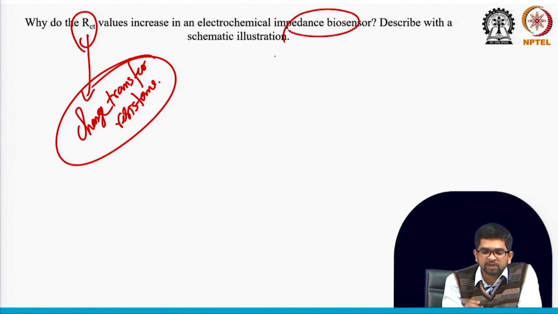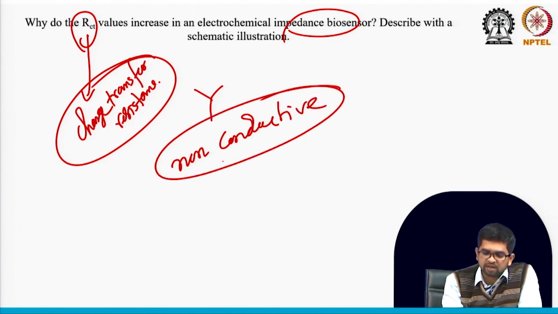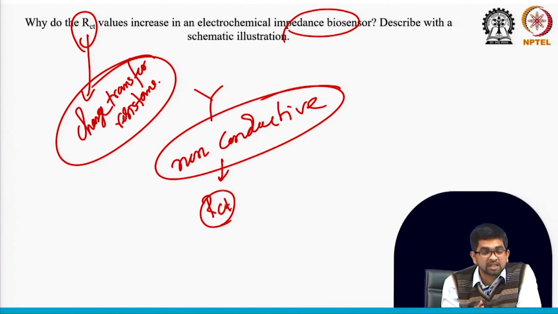Why is it increasing? Because all this protein stuff is non-conductive, right? And if they are non-conductive, definitely the resistance value will increase, the RCT value will increase, right? This is the basic concept.